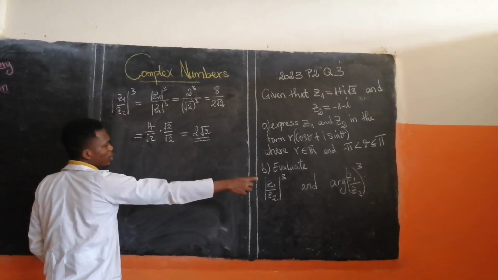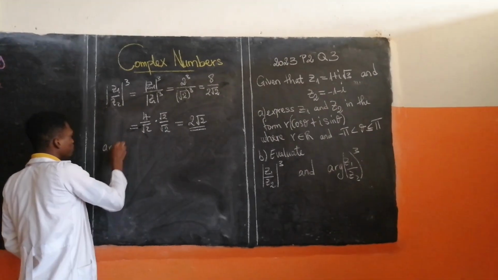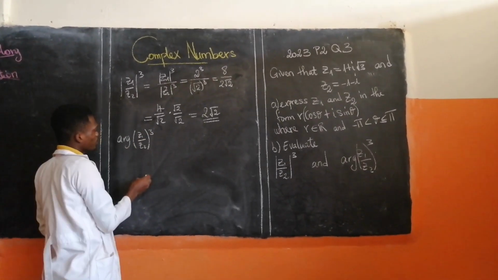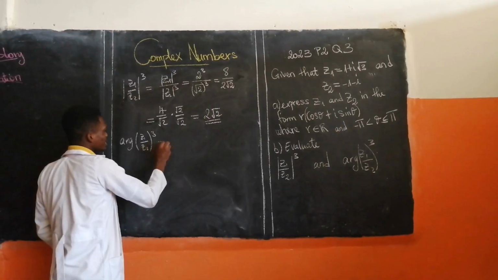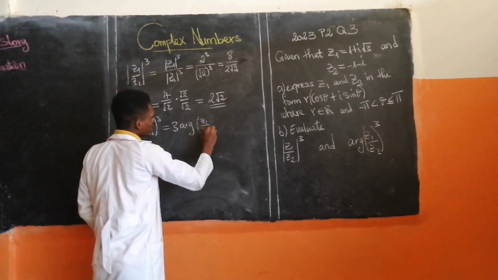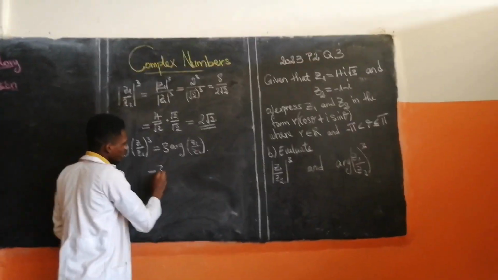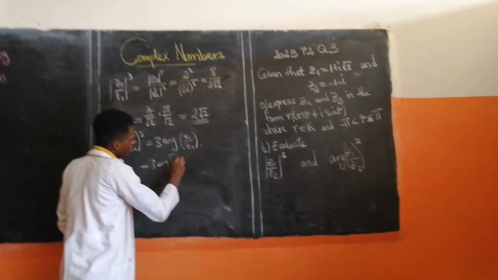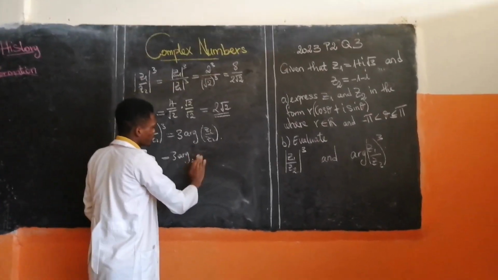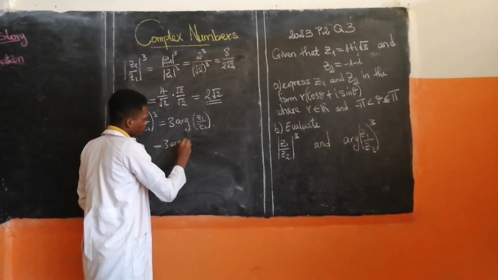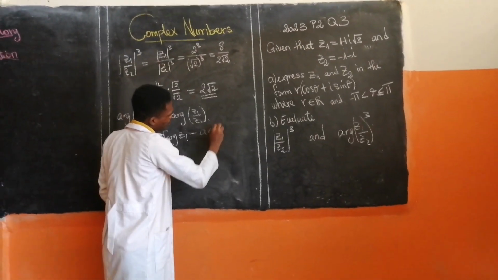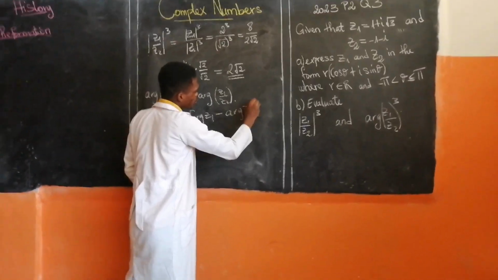That is it. Secondly, we have to find the argument of Z1 over Z2, all cubed. Now, by the property of argument, this is the same as 3 times the argument of Z1 over Z2, which is the same as 3 times the argument of Z1 minus the argument of Z2.